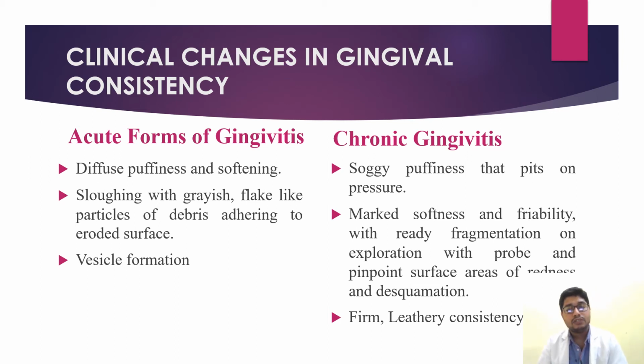In chronic forms, there is soggy puffiness that pits on pressure, marked softness and fragility with ready fragmentation on exploration with a probe, and pinpoint surface areas of redness and desquamation. And in the reparative lesion, the gingiva will be firm and leathery in consistency.